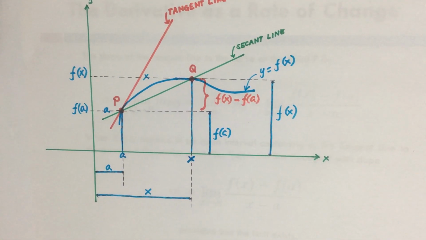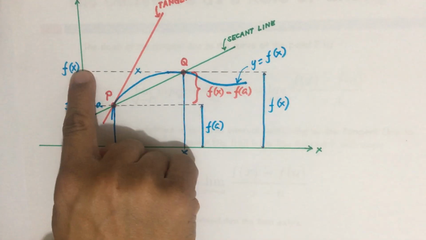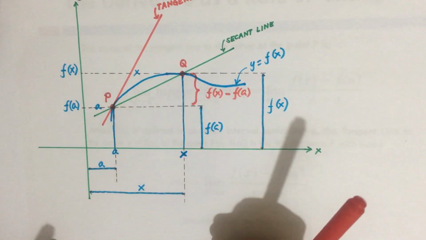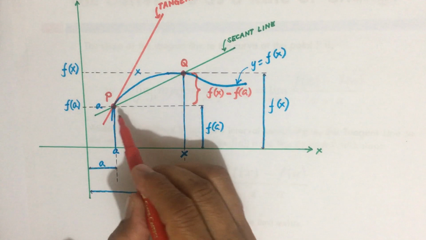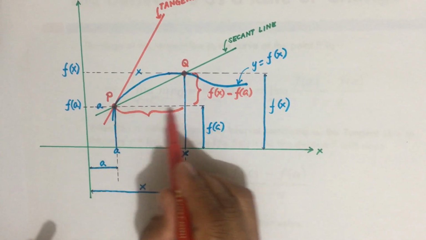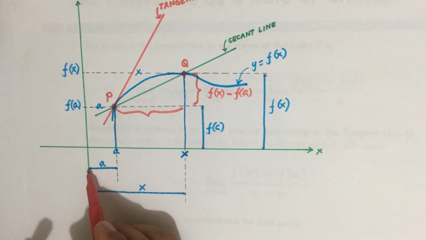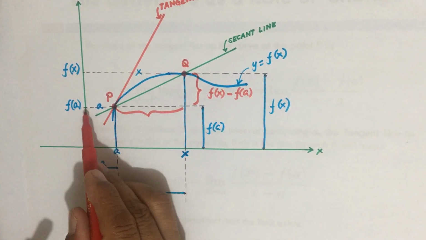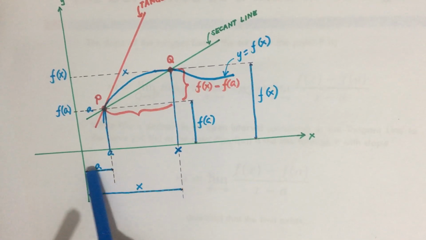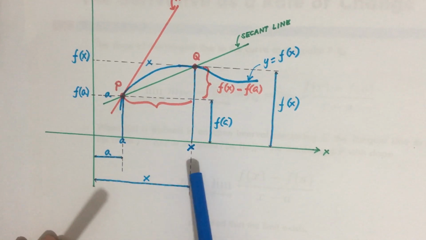Okay, and similarly, x is the distance from the y-axis to point Q, and a is the distance from the y-axis to point P. So the difference of these distances, the horizontal distance from P to Q, is just the difference of the distance from the y-axis to Q and the distance from the y-axis to P. If this is x and this is a, then this distance is just x minus a, right?